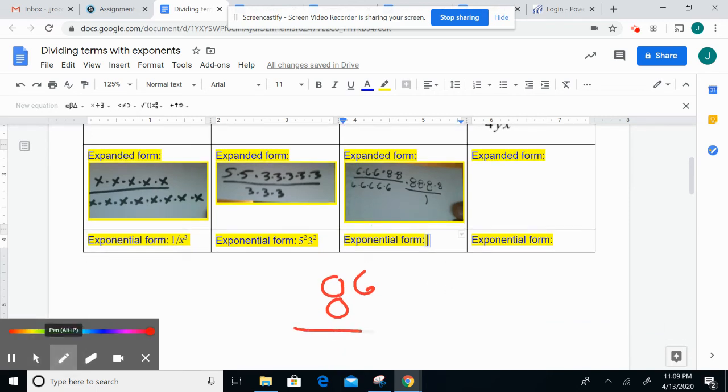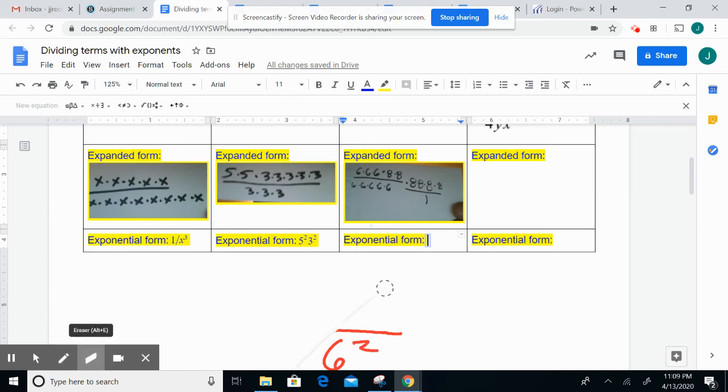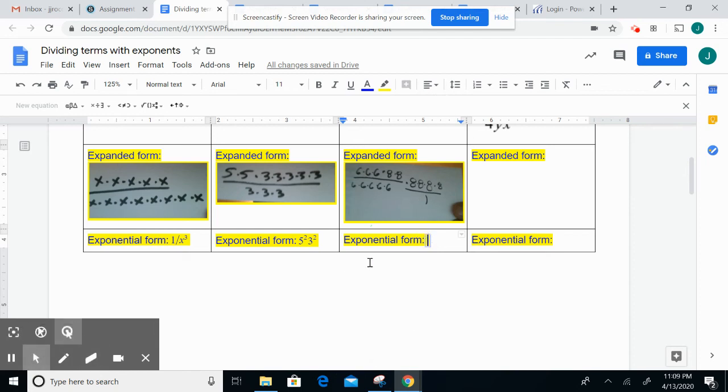And there are more on the bottom than on the top, 6 squared. So we're going to go ahead and write that as 8 to the 6th over 6 to the.